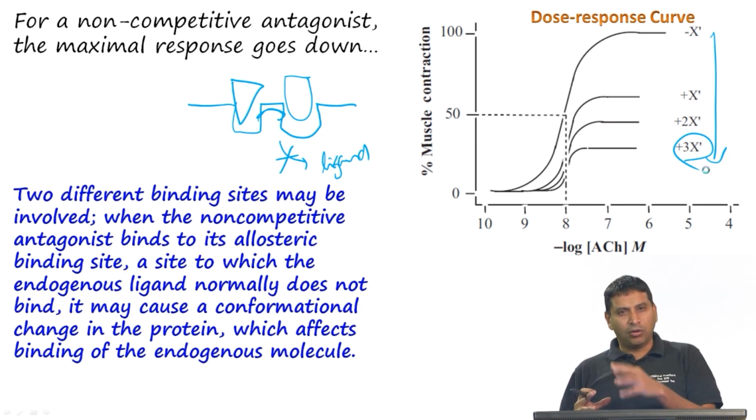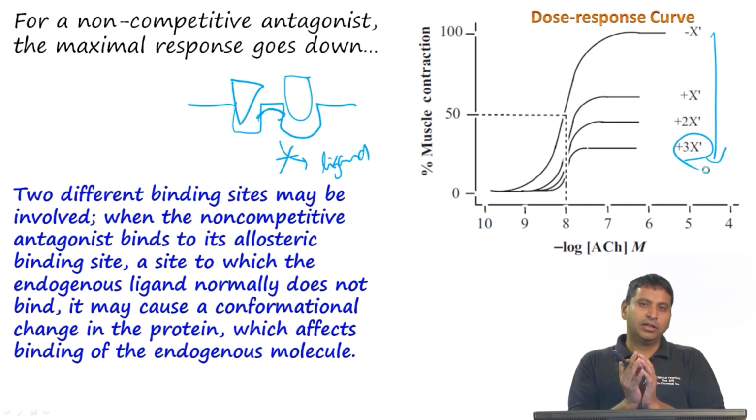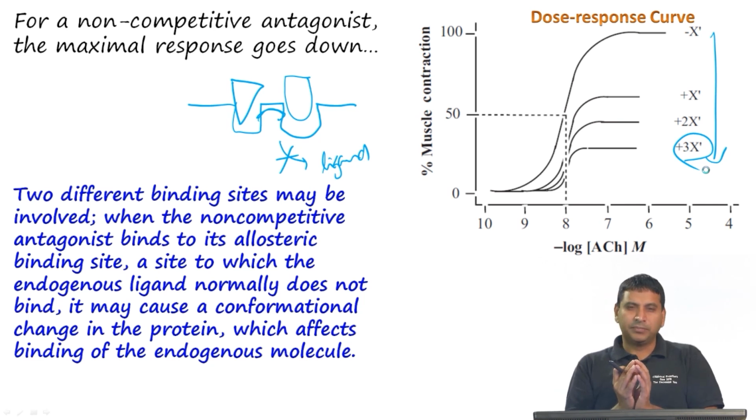But when we are looking at a non-competitive situation, since it does not bind to the actual binding site and it does something else which induces a conformational change in the protein, which affects the binding of the endogenous molecule, you will see a reduction in the activity as you increase the dose of the non-competitive inhibitor.